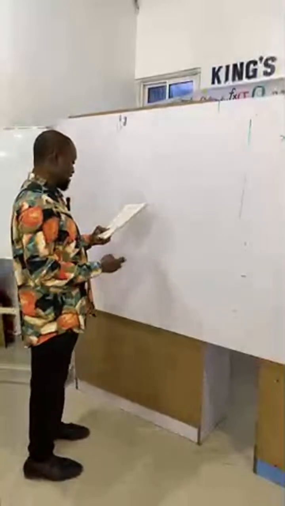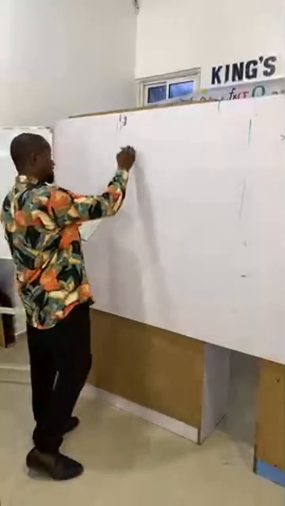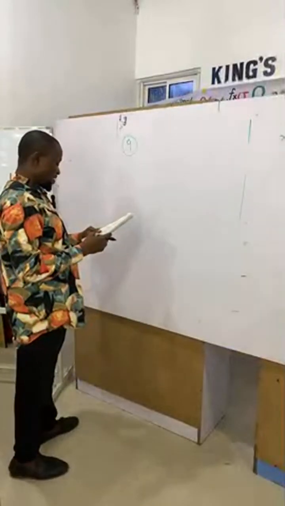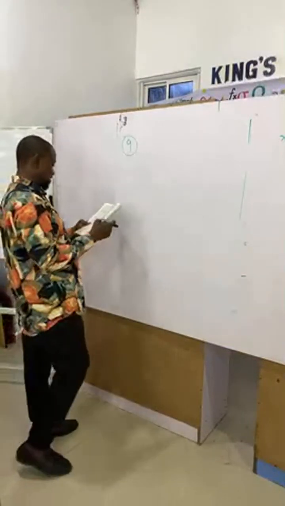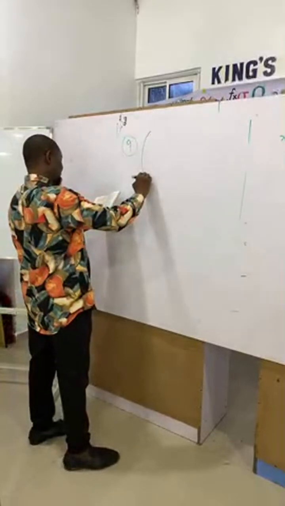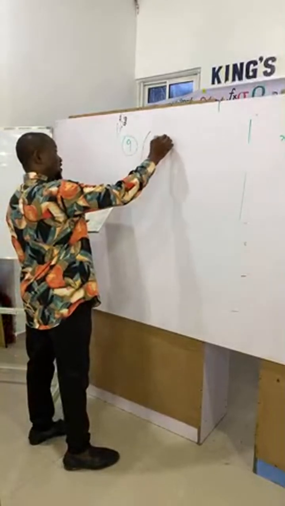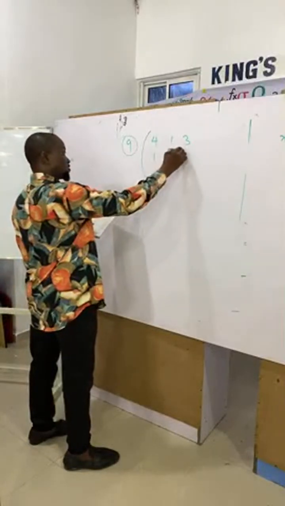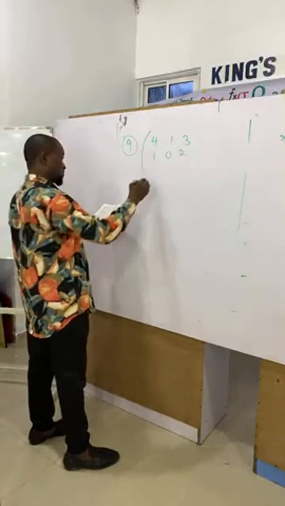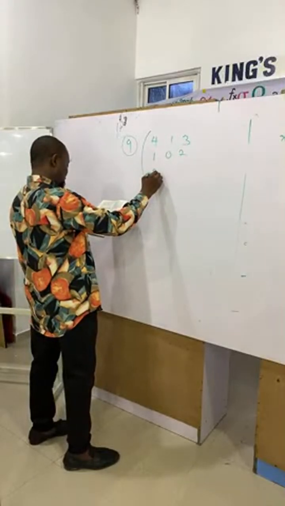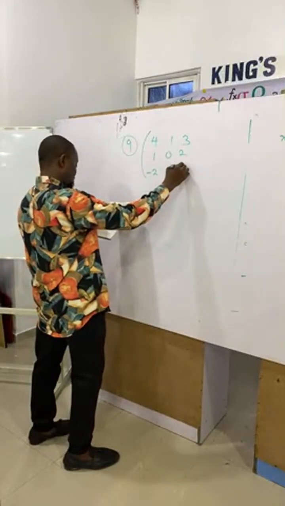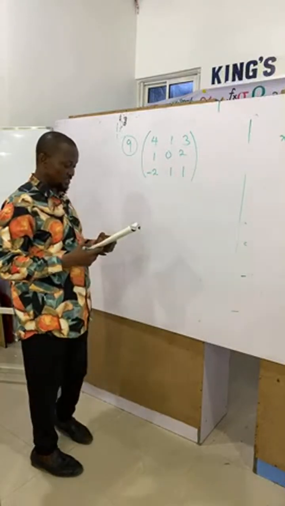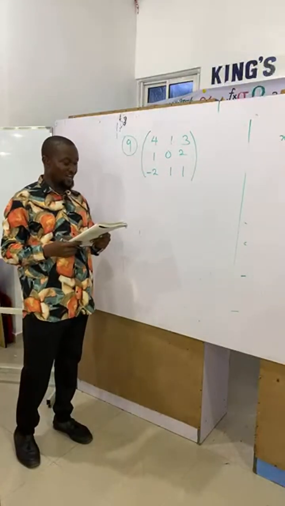Now, question number 9. If the matrix 4, 1, 3, 1, 0, 2, minus 2, 1, 1 is a singular matrix, find the value of x.